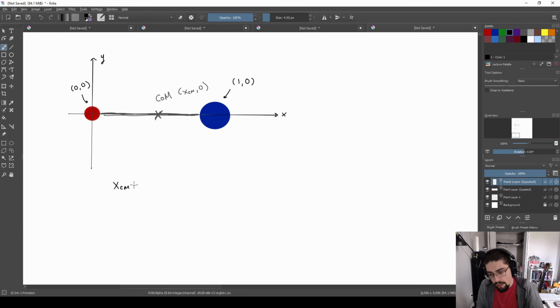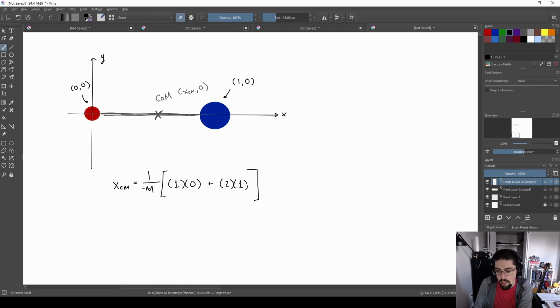Of course, I take my center of mass equation: 1 divided by the total mass times the individual pieces here, x times the mass. So I start with the first one. The red ball has a 1 kilogram mass, and its placement on the x-axis is 0. The blue ball, mass of 2, distance of 1.